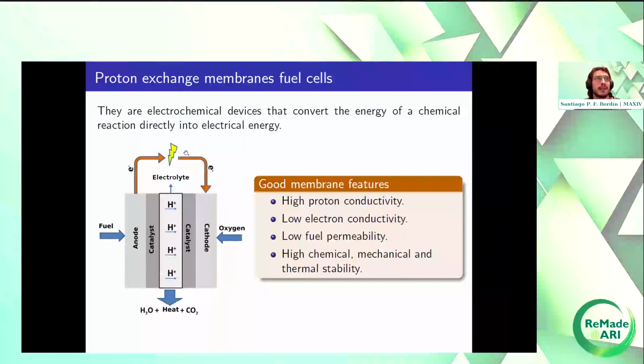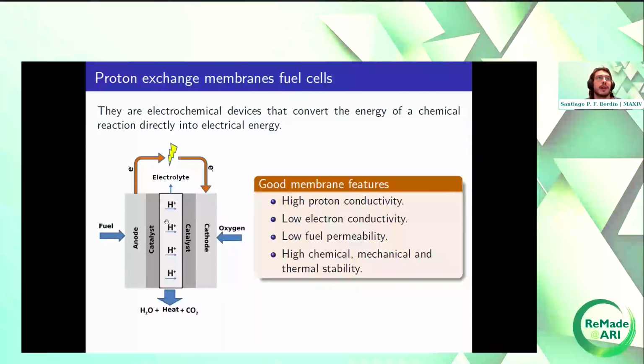So this current that is generated is what we will use. And then in the cathode, together with the oxygen, there is another chemical reaction that produces the product. For the fuel, usually it's hydrogen, but alcohols like methanol or ethanol can also be used.